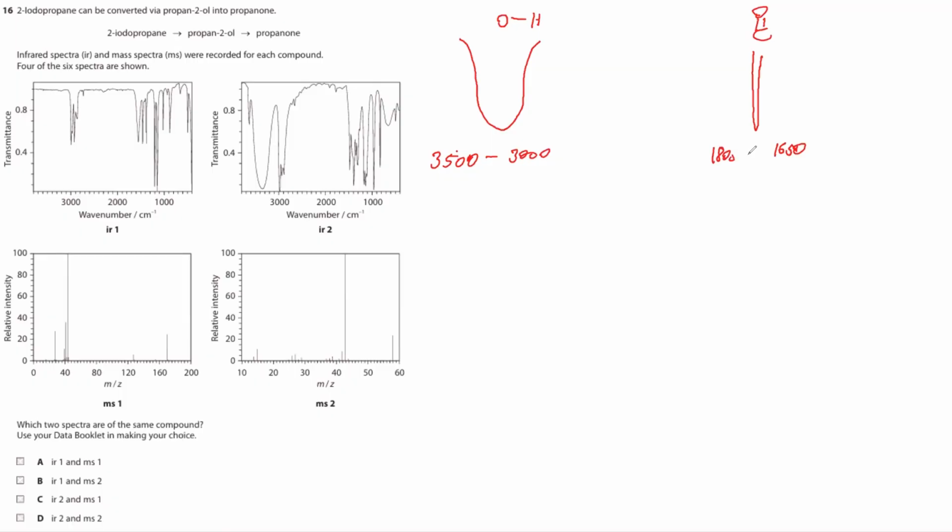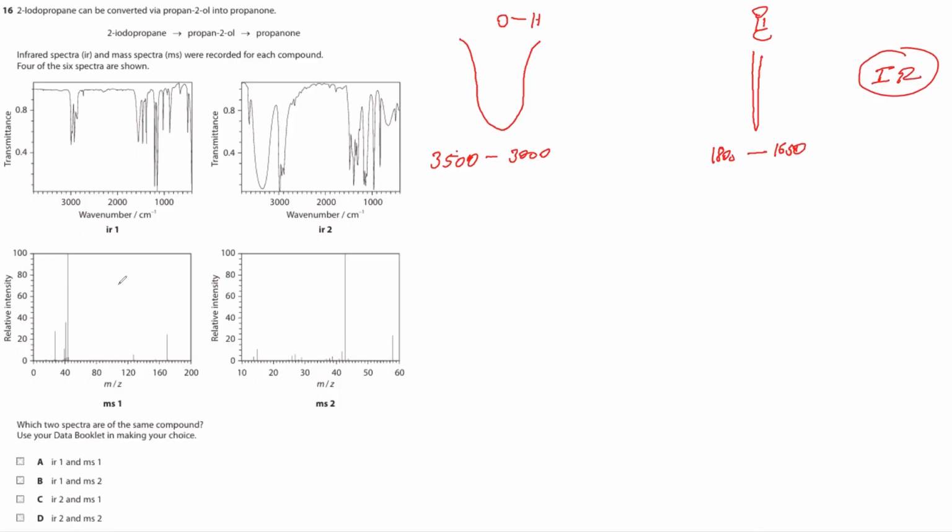Within this range, I'll get it. That's the thing. Only two things I'll remember when I do AS level papers, because nothing else will come. You will find this out in IR spectroscopy when you do AS level papers. So these are the only two things you have to remember.